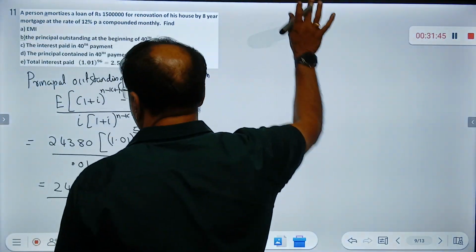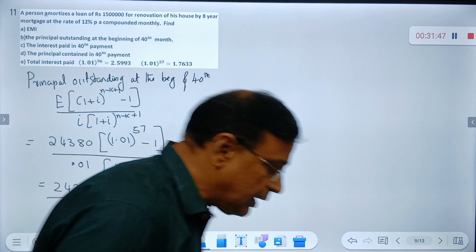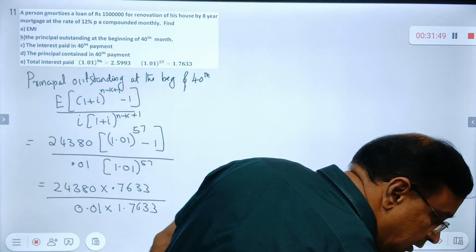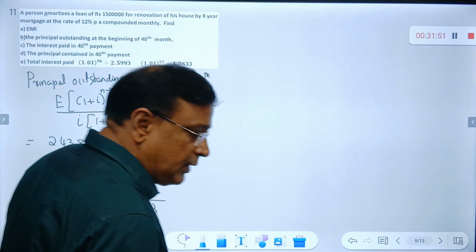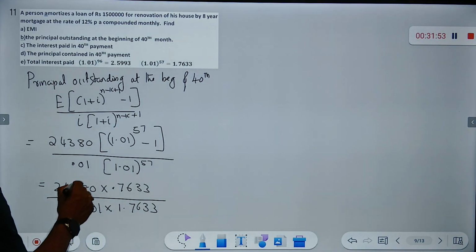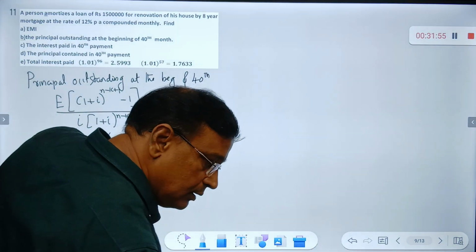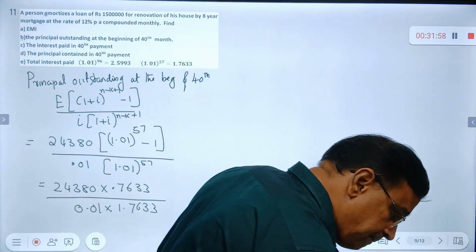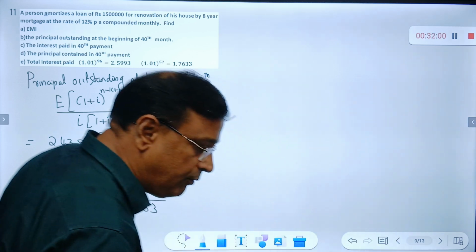Now you have to take log. Before taking log, let me see what I have done. Okay, I have multiplied this.